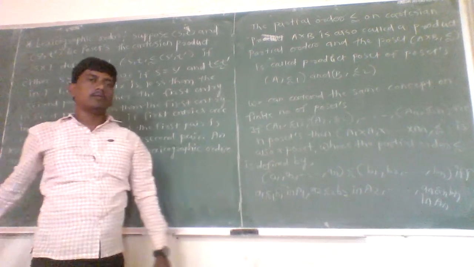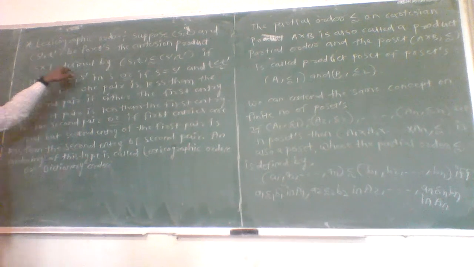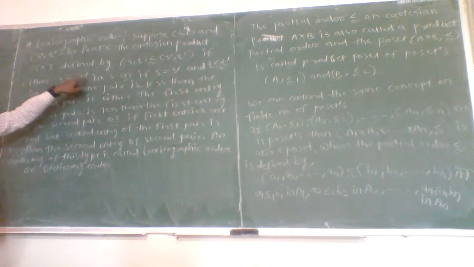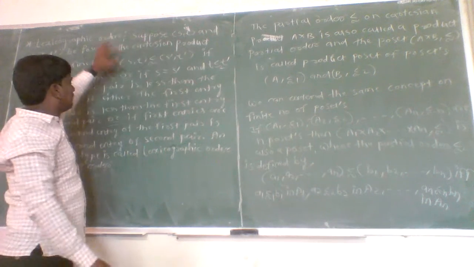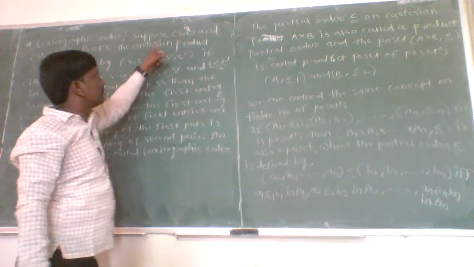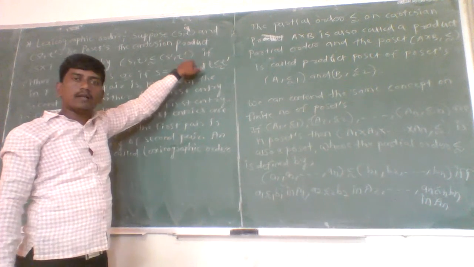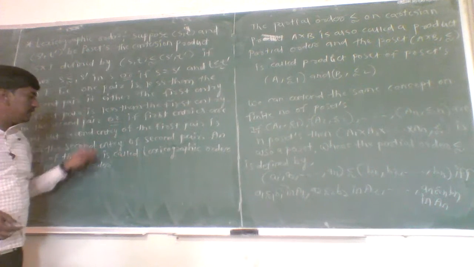Okay, suppose we have given two posets S and T, then the Cartesian product of these two posets, that is S cross T, defined by (s, t) precedes (s dash, t dash) if either s precedes s dash, that is the first entry of the first pair is less than the first entry of the second pair, or the first entries are equal but the second entry of the first pair is less than the second entry of the second pair, then this type of ordering is called lexicographic ordering or dictionary ordering.